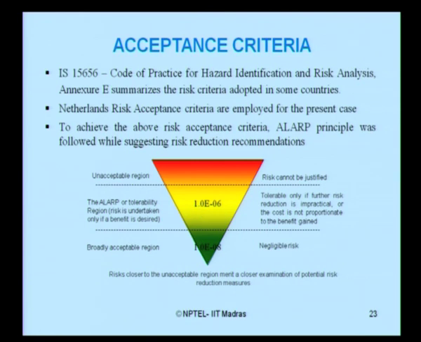If the risk is 1.0 × 10^-8 or lower, then we can say it is a broadly acceptable region. If the risk is much higher than 1.0 × 10^-6, for example 1 × 10^-5 and so on, then the risk is in the unacceptable region.